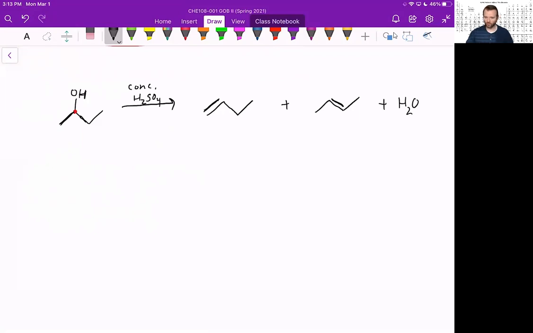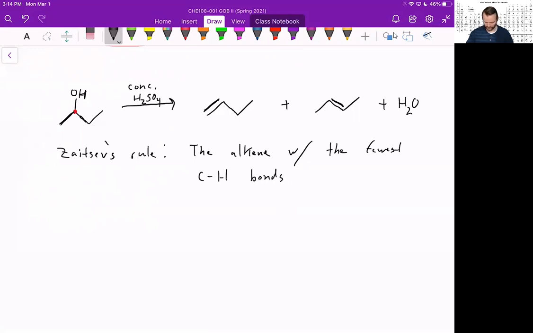The rule, called Zaitsev's rule, describes which alkene is favored. The alkene with the fewest carbon-hydrogen bonds at the vinyl carbons, meaning the carbons that are in the carbon-carbon double bond, is favored.